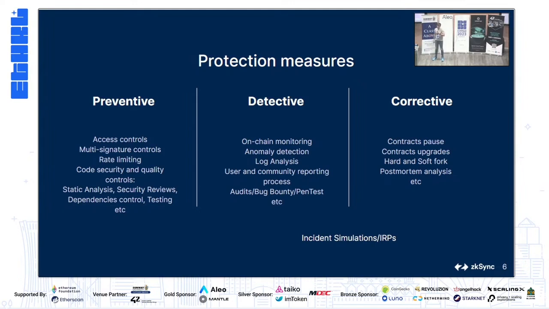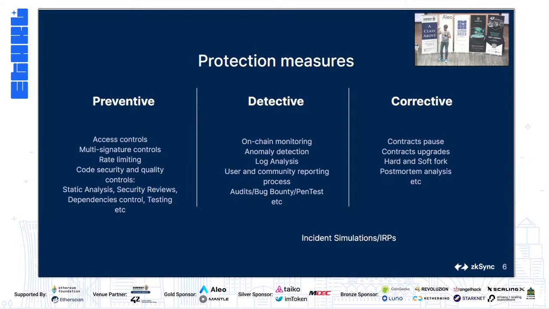Next, we have detective measures. Detective measures are our eyes. So using monitoring and anomaly detection features, we can analyze and find the malicious or some kind of unintentional activity in our networks.